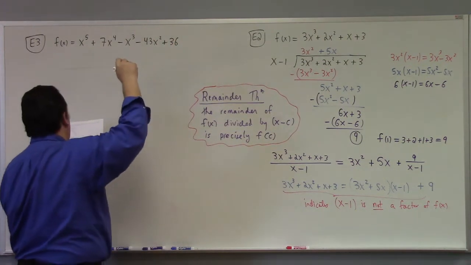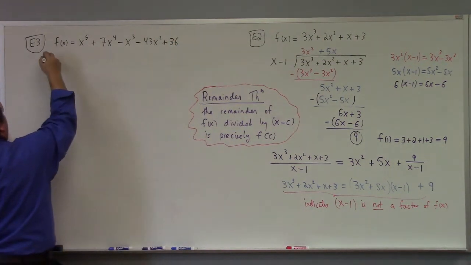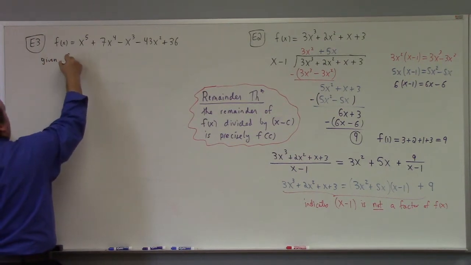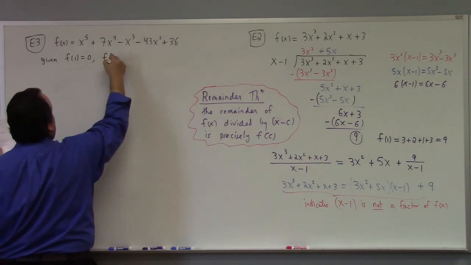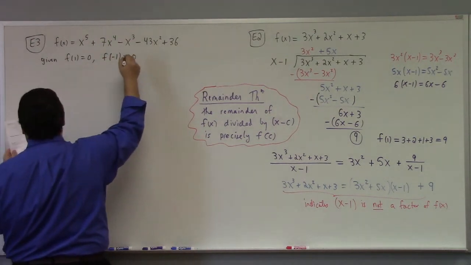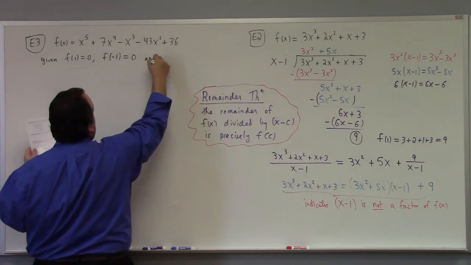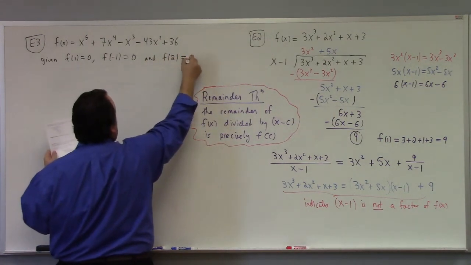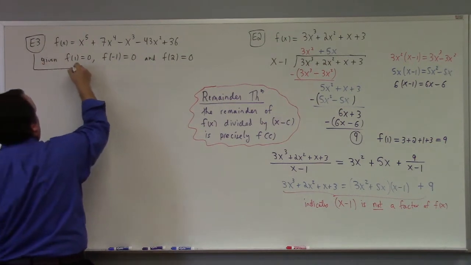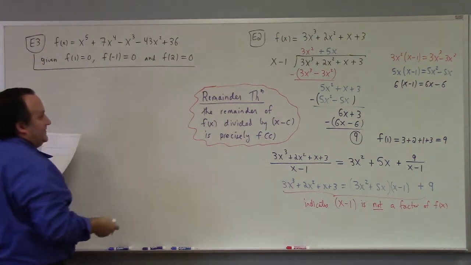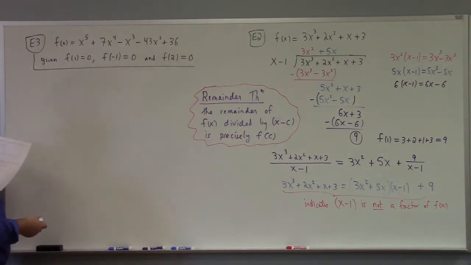All right, and you're given that f of 1 equals 0, f of minus 1 is equal to 0, and f of 2 is equal to 0. Wow, that's a lot of information, isn't it? So what does that mean? And then the question is to completely factor f of x.